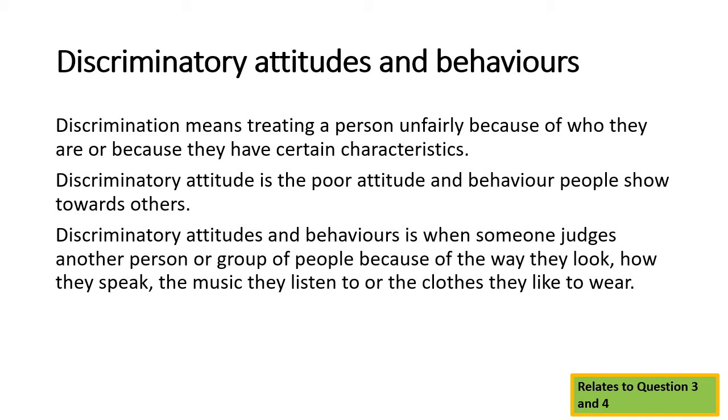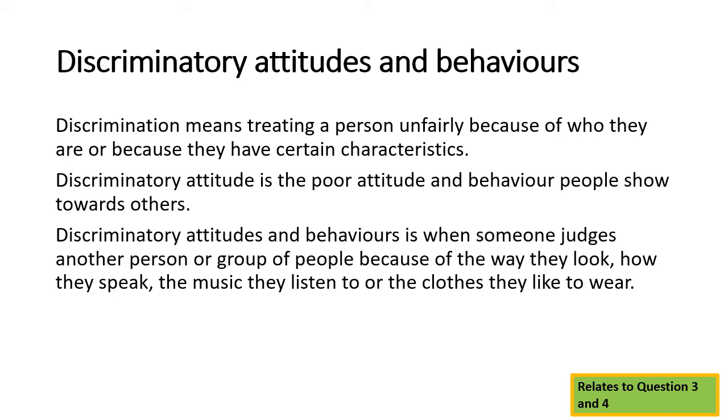This slide talks about discriminatory attitudes, and that is the poor attitude and behaviour that people show towards others. Discriminatory attitudes and behaviours are when someone judges another person or group of people because of the way they look, how they speak, the music they listen to, or the clothes they like to wear.